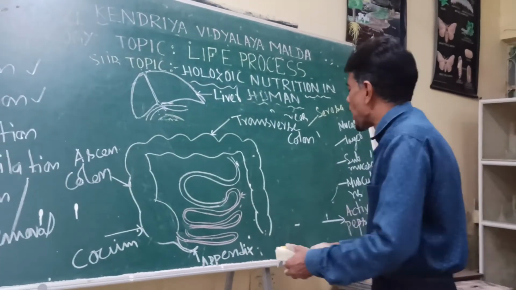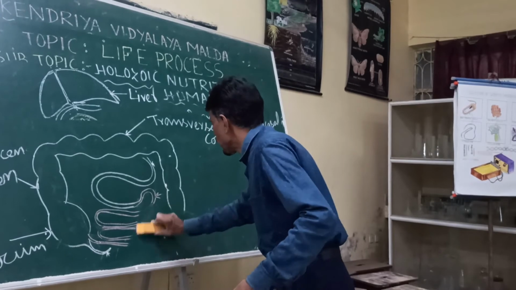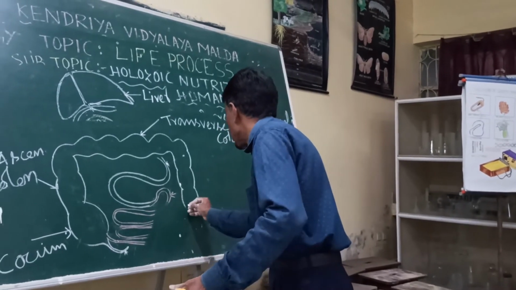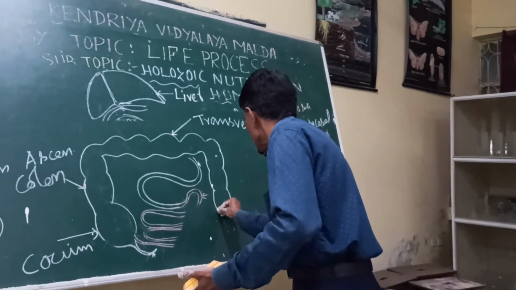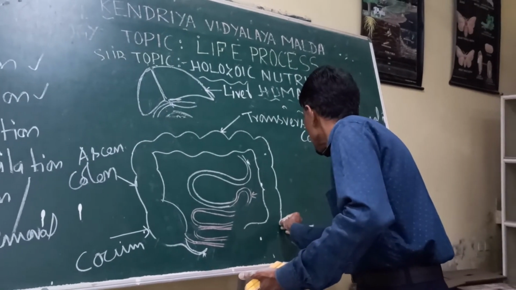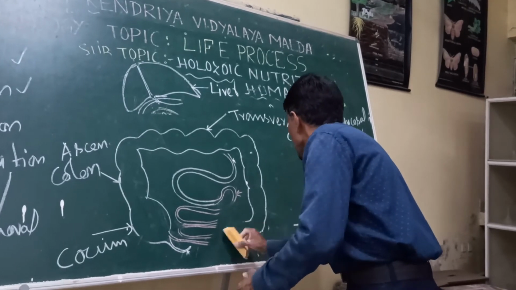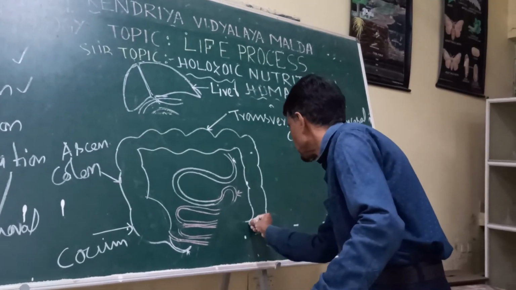And the end part of the descending colon, if I little rub this part, the end part of descending colon becomes a highly muscular bag-like structure.